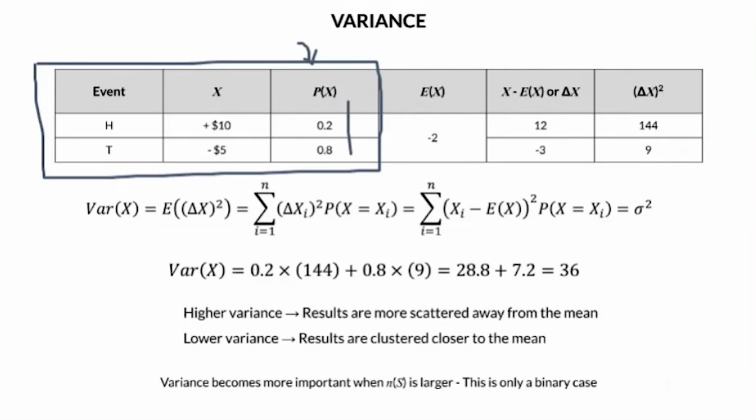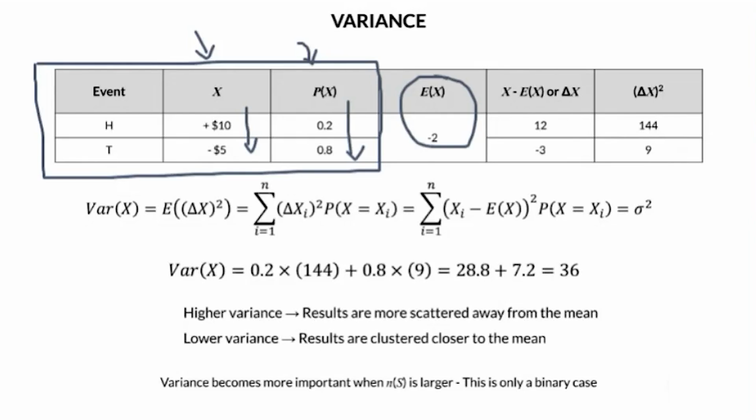Then the same probability will be used for the winning and losing values. This is your theoretical distribution. We also calculated the mean already, not mean, sorry, expected value. But of course, mean and expected value become the same for a large number of experiments. Anyway, expected value is minus 2.